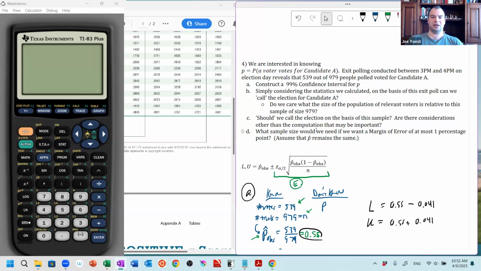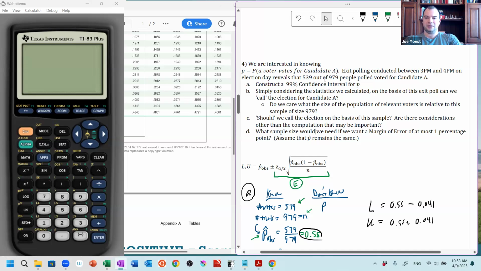Regardless of what the numbers say, I know that a sample of size under 1,000 is not going to be representative of 100 or 150 million people. There's just too many ways to slice and dice all of the different aspects of the population for us to get a really representative sample of size under 1,000.